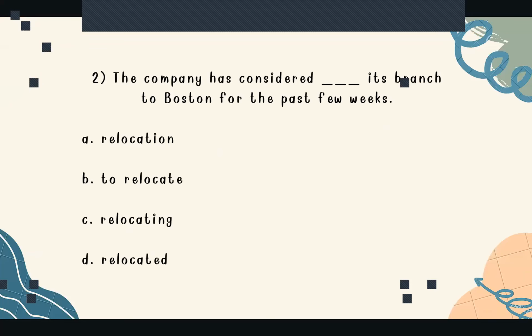Second question: the company has considered blank its branch to Boston for the past few weeks. The answer is C, relocating, because consider is a verb, so the word after consider would be a gerund.